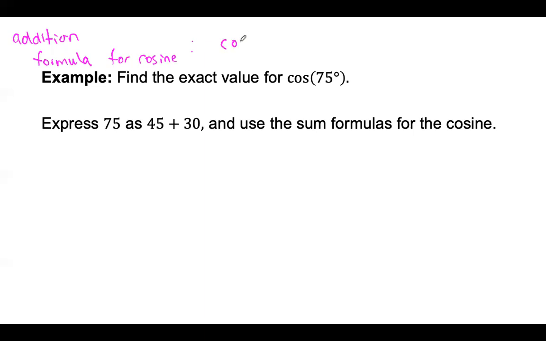This is cos of u plus v is equal to cos of u times cos of v minus sine of u times sine of v. Find the exact value for cos of 75.